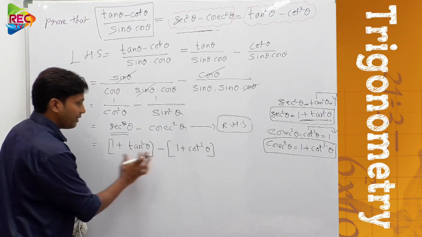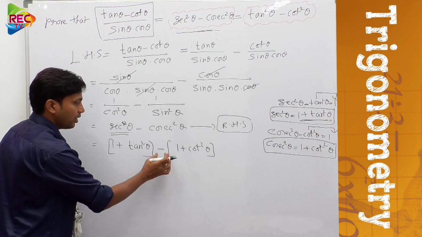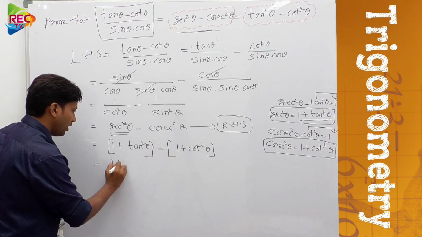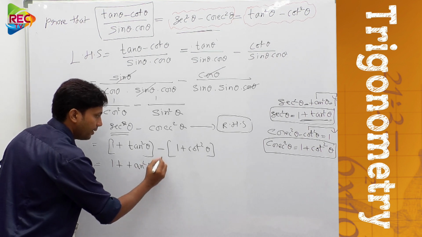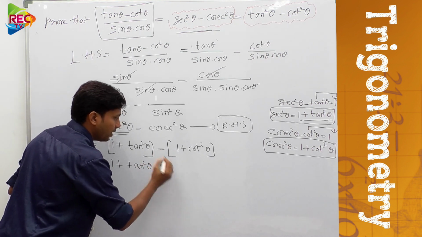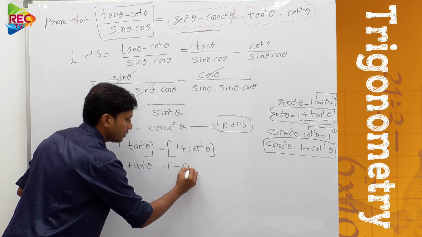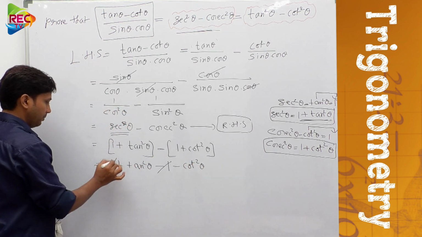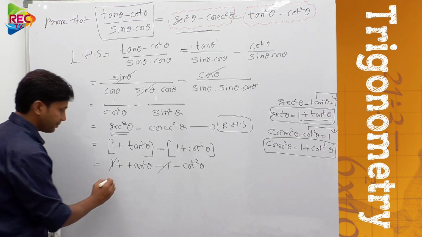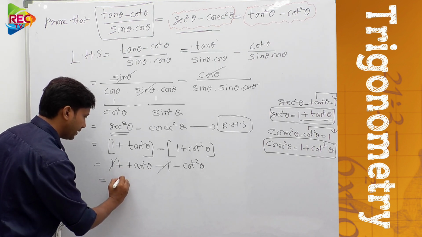So now how can we simplify further? Just open these brackets, 1 plus tan square theta minus into plus minus 1 minus into plus minus cot square theta. Now minus 1 plus 1 are getting cancelled. Now what is left over here?